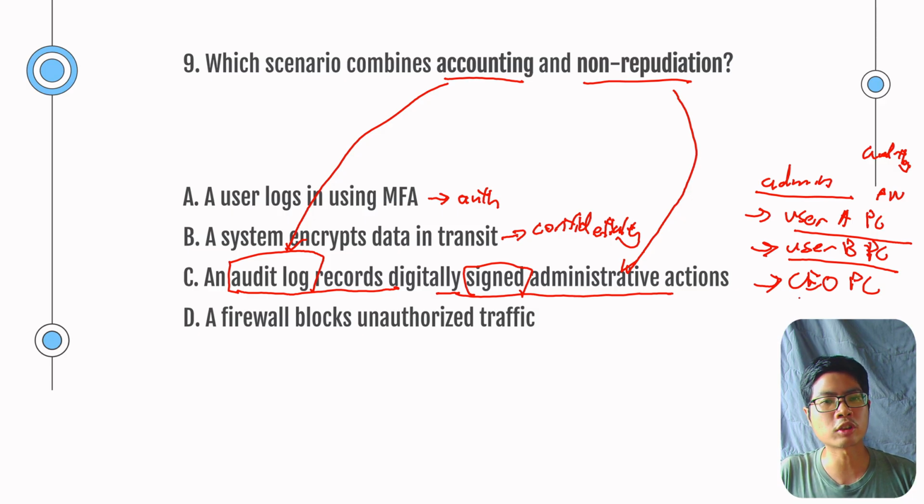And maybe there might not be a legitimate reason to log into the CEO's PC. So this will be logged, and this will be uncovered when an audit takes place. Why did this access happen? Was it a misuse of his powers or his credentials? That's the importance of doing proper accounting. So for this it will be C.